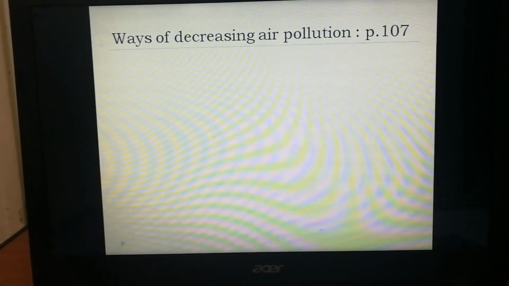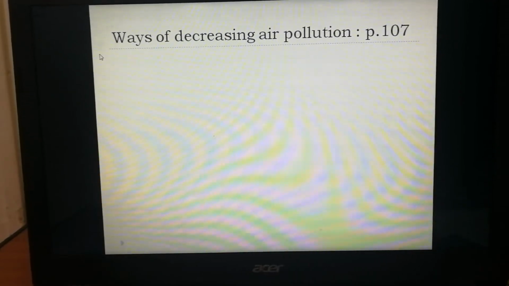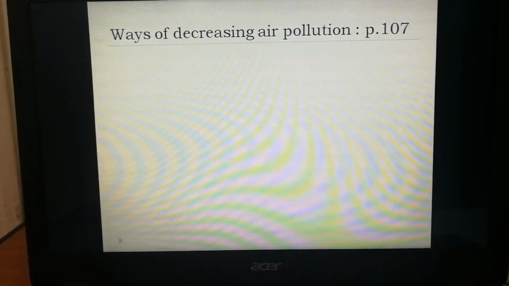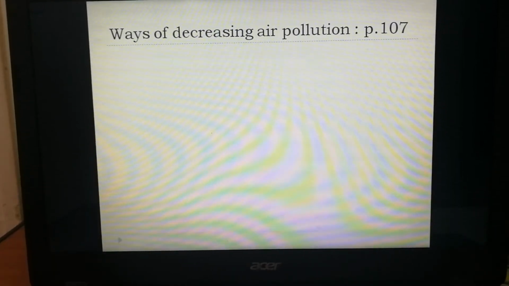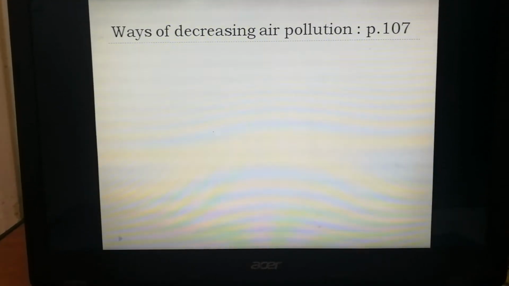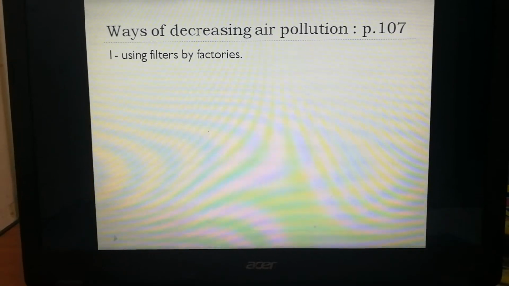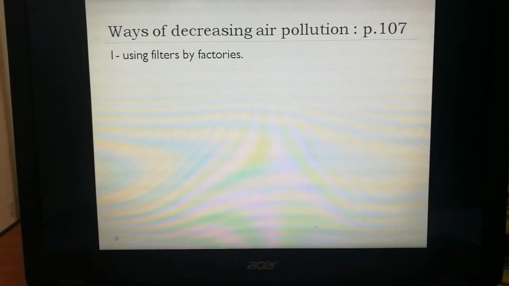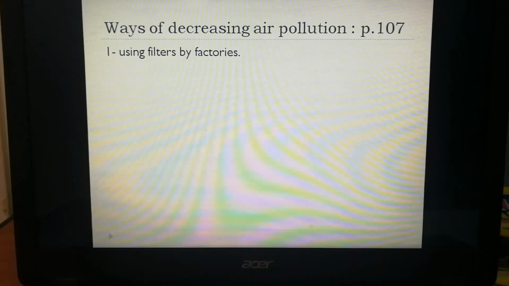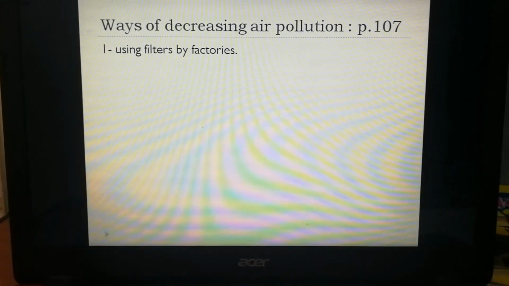Now, think about ways of decreasing air pollution, after seeing how it affects our health and the sources of air pollution. We can decrease air pollution by using filters in factories that produce chemical and harmful substances.